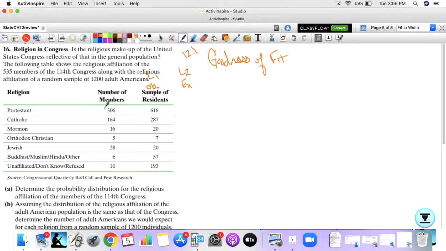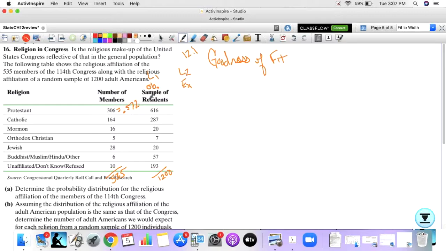The expected value is not 306. This is out of only 535 people. This is out of 1,200 people, okay? So our expected value is actually the percent that this represents of the 535. So if we did 306 divided by 535, we'd actually get 0.572, which makes sense, right? A little bit more than half.